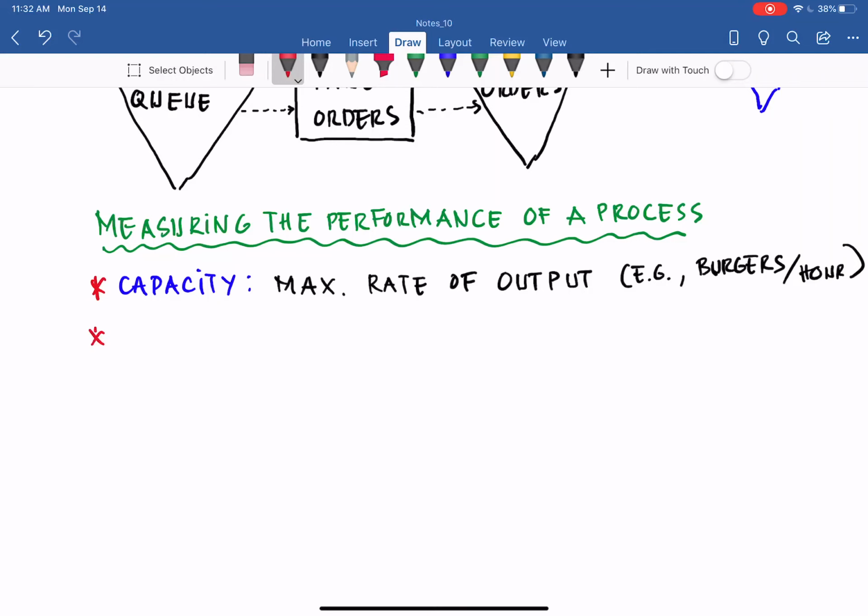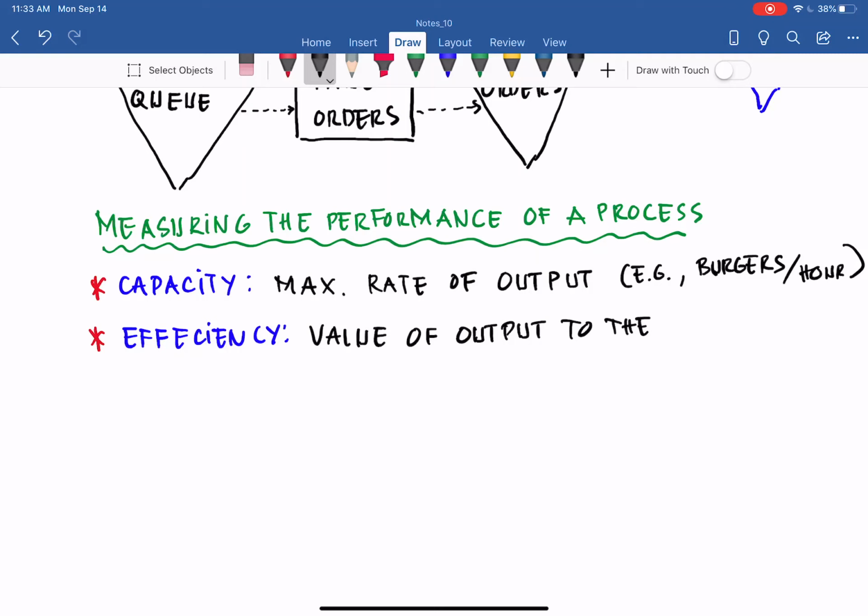And then the next concept is efficiency. Everyone wants to be efficient. For that one, it is the value of output to the value of input, and that defines the efficiency.